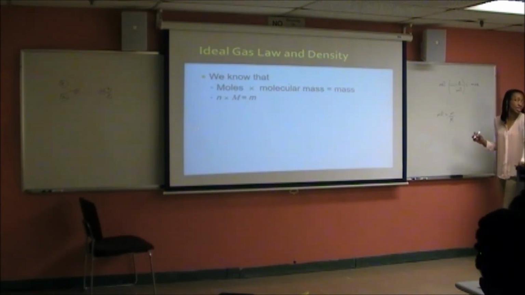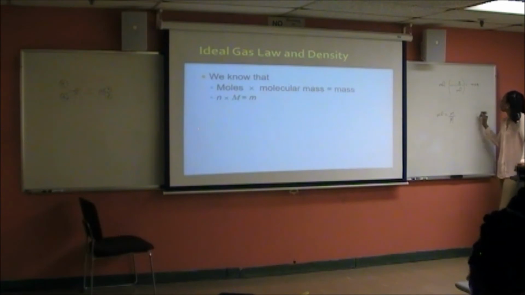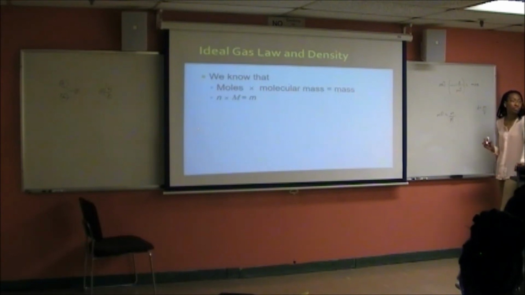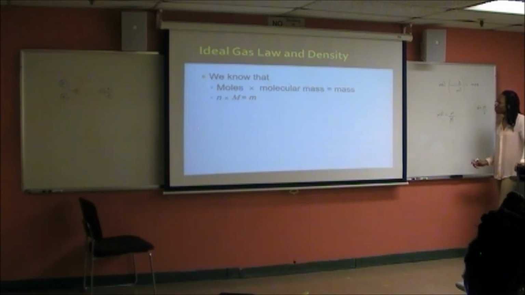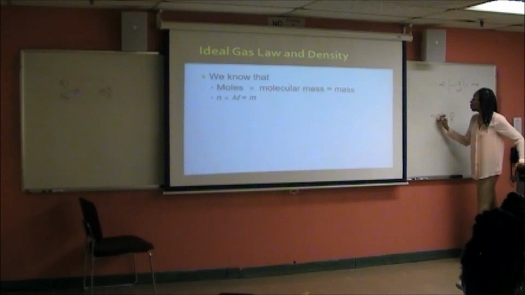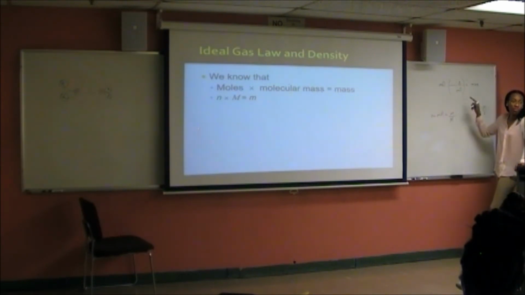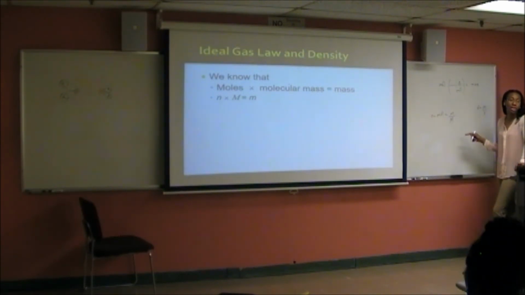What is the formula for density? Density is equal to mass over volume. So if you now substitute this into your PV equals nRT, your ideal gas law equation.